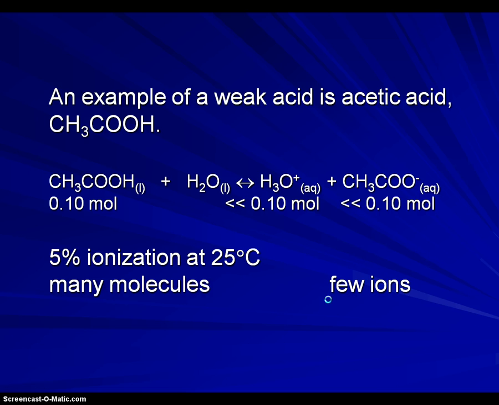Now, a weak acid is one in which when we combine that acid with water, we form only few ions, where they're making few charged particles, and most of these molecules just sort of remain intact. So a weak acid does not dissociate and form as many ions in water.